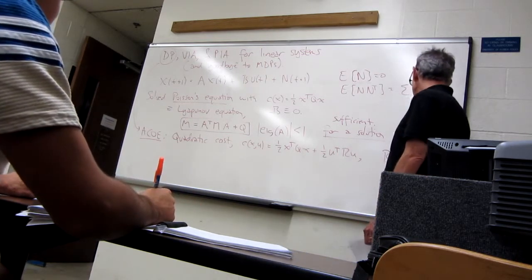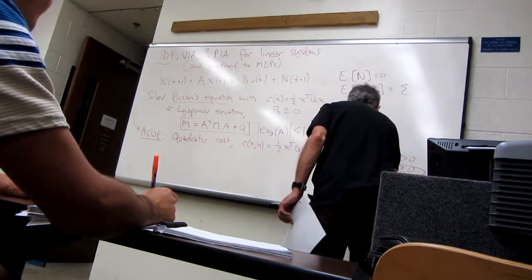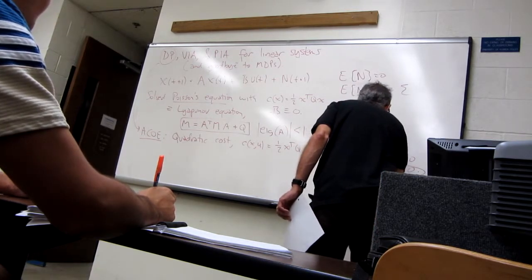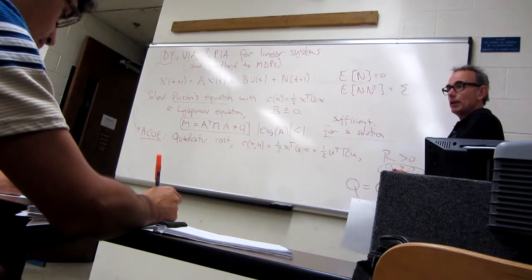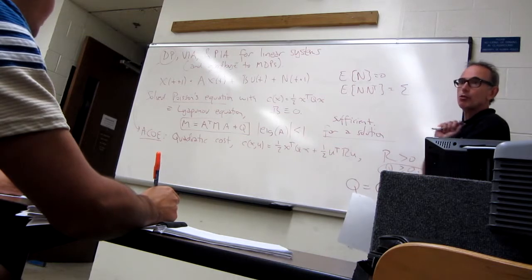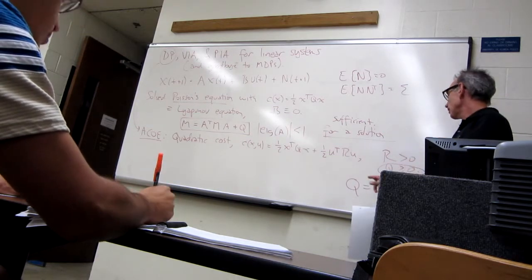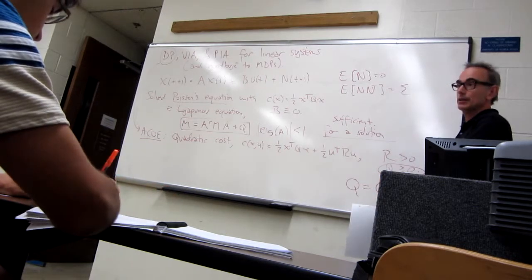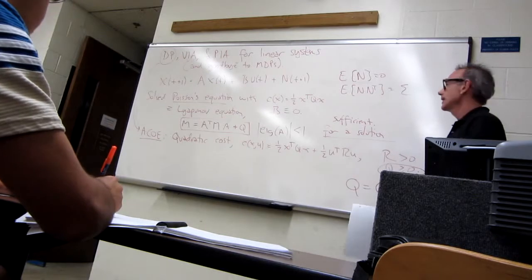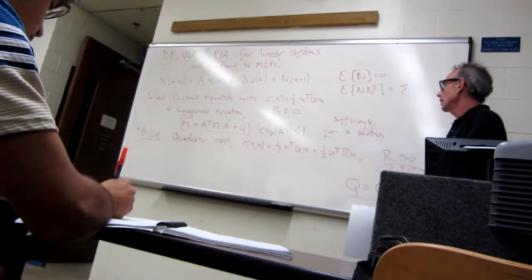But in particular, we're going to need to factor Q. Whenever you say a matrix is positive semi-definite or positive definite, immediately you assume it's symmetric. That's part of the definition. And a positive semi-definite matrix can always be factorized in this way. I just wanted to say this up front, we're going to need this later.